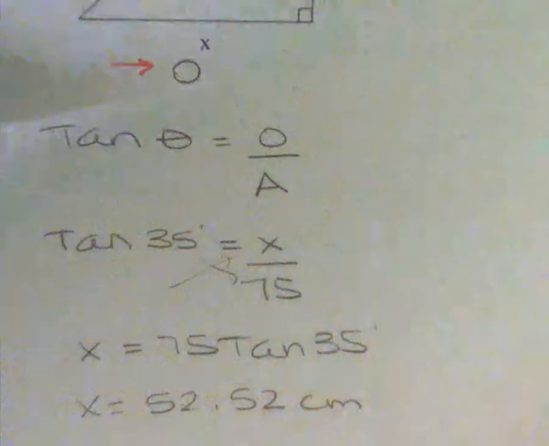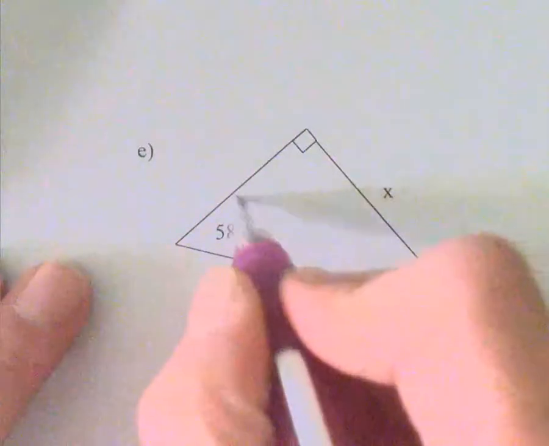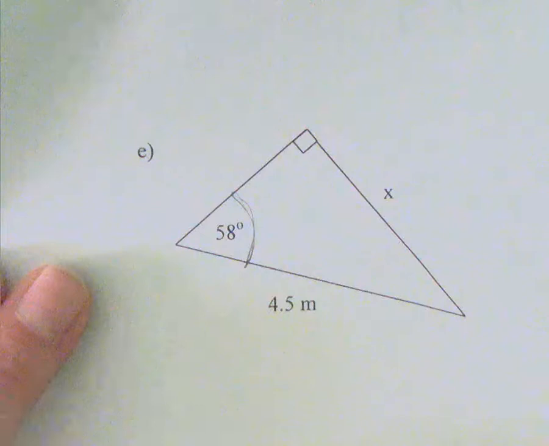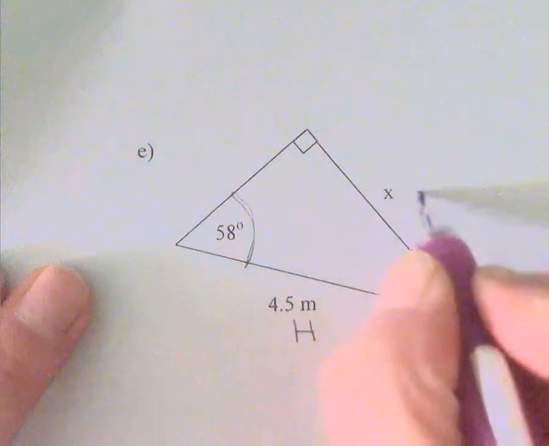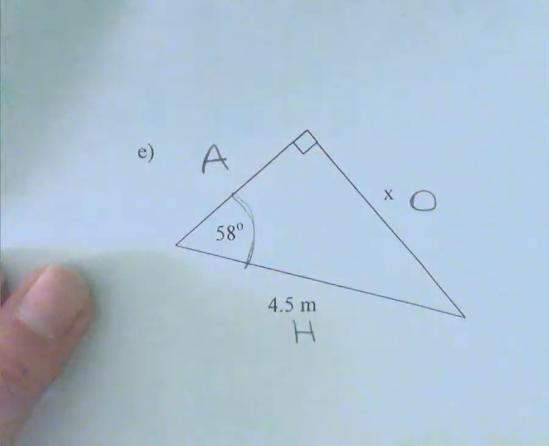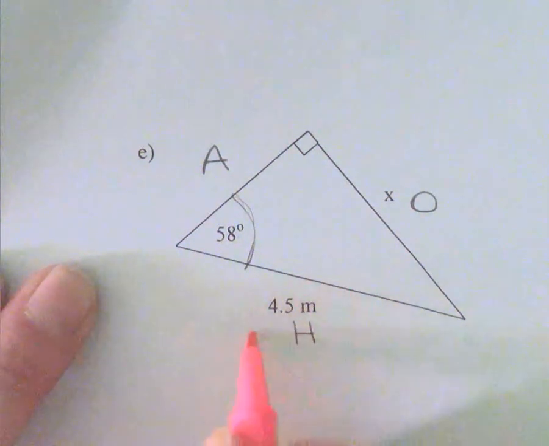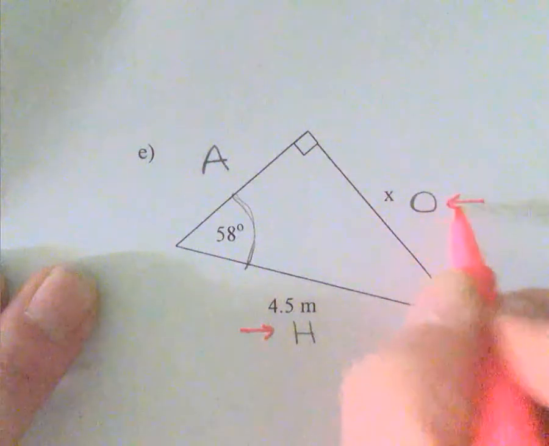Last one. Here 58 is our angle. This is our hypotenuse. There's opposite, and there's our adjacent. So I'm looking for something that has hypotenuse and opposite.